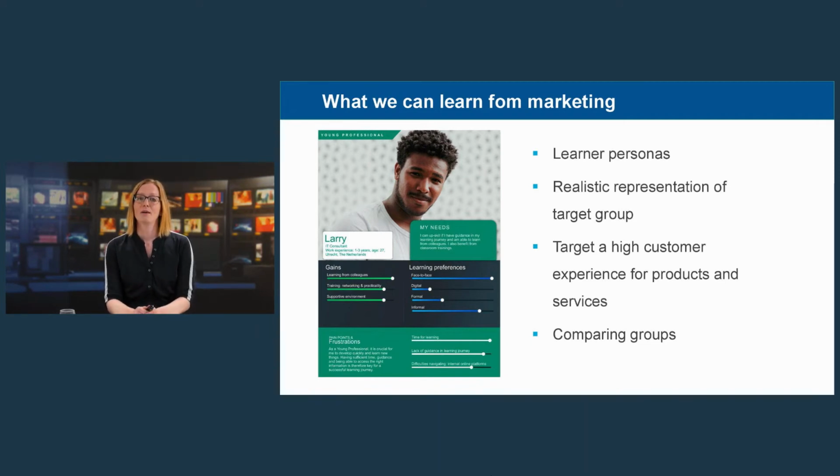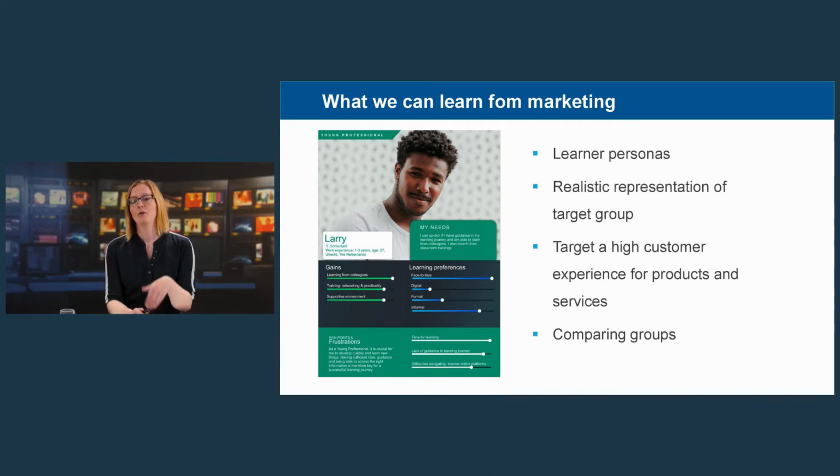So from the respondents' outcomes, the project team created a learner persona. A learner persona is usually used for marketing purposes, so you really target your audience with the right resources.